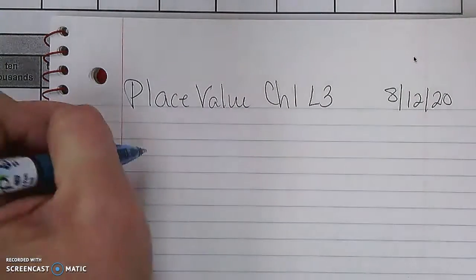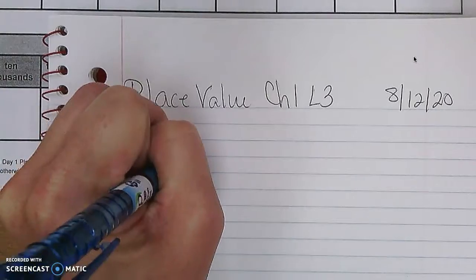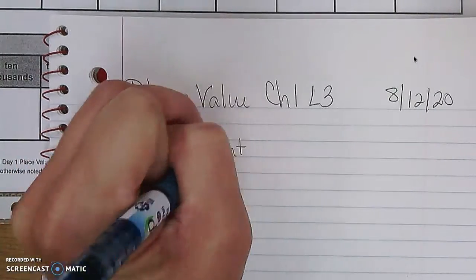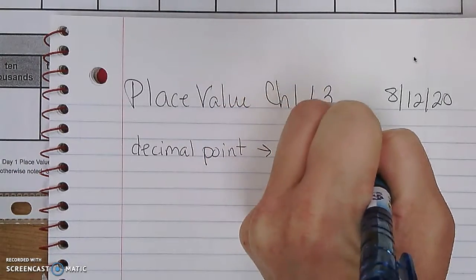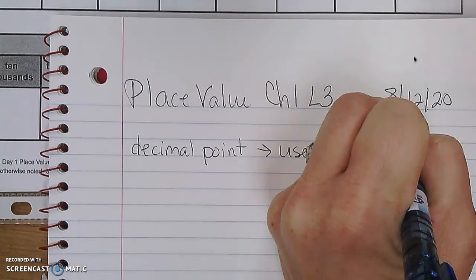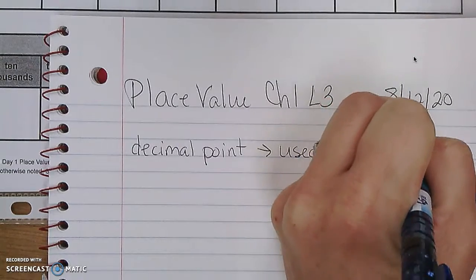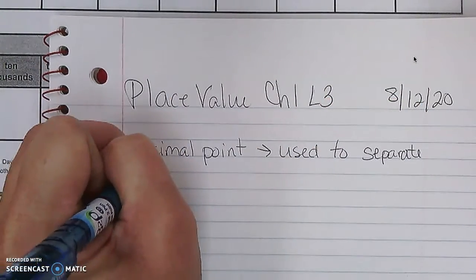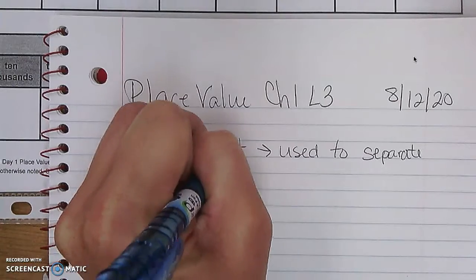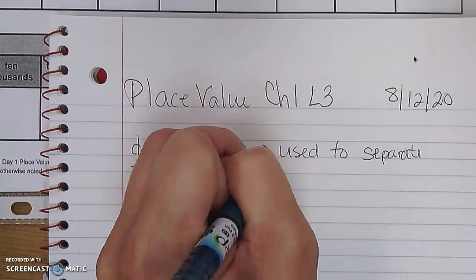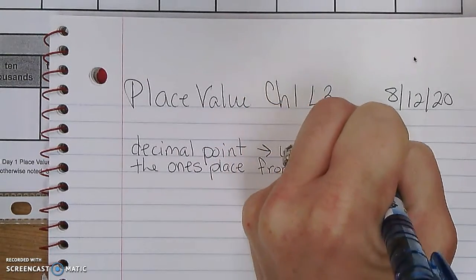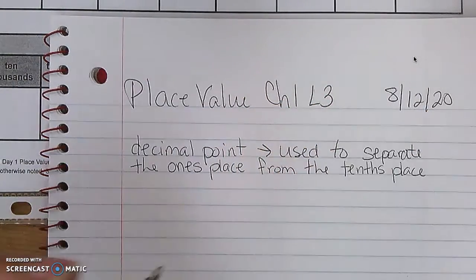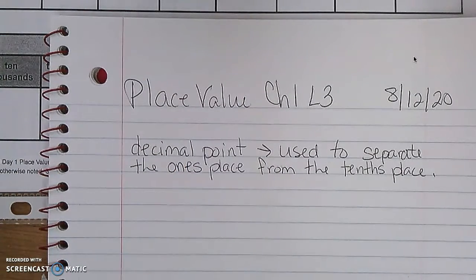So a decimal point looks like a period, and it is used to separate the ones place from the tenths place, or whole numbers from numbers that are less than one whole.